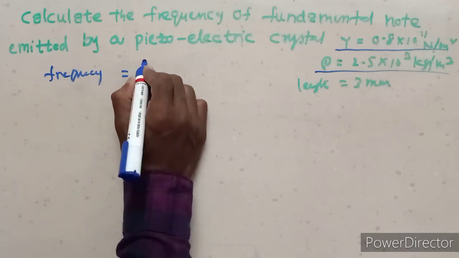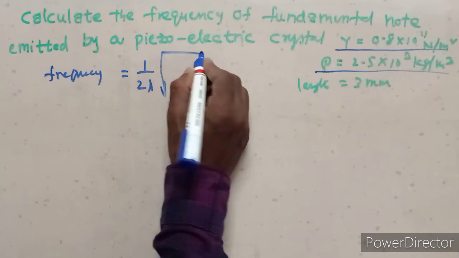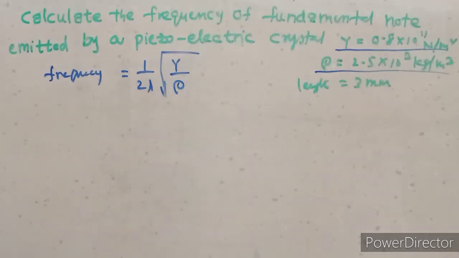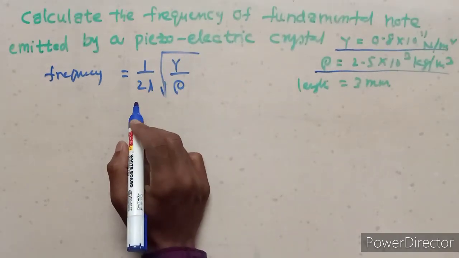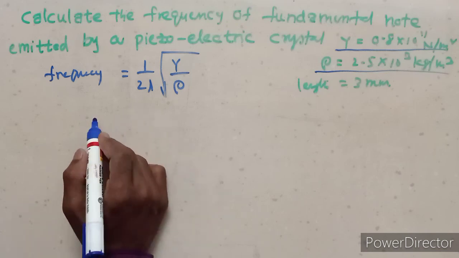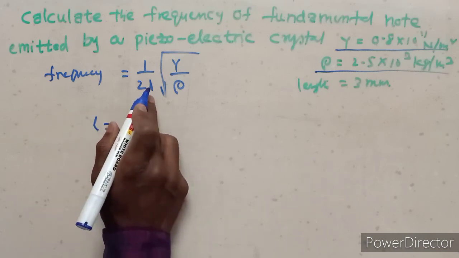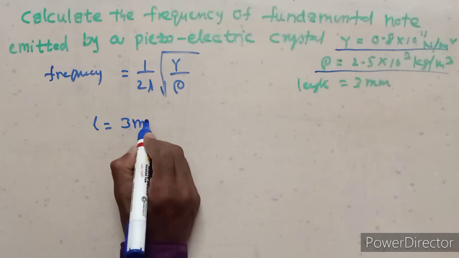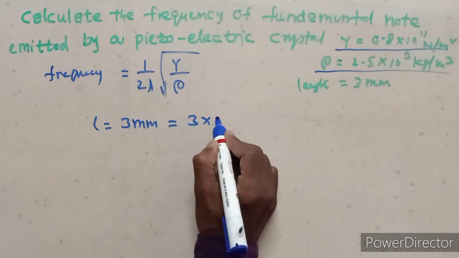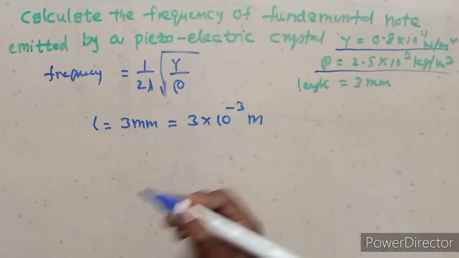Frequency equals 1 upon 2L under root Y upon rho. Here L is 3 mm, which means 3 into 10 to the power of minus 3 meter.